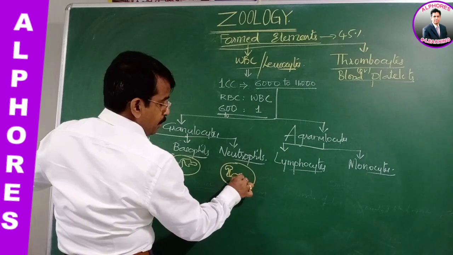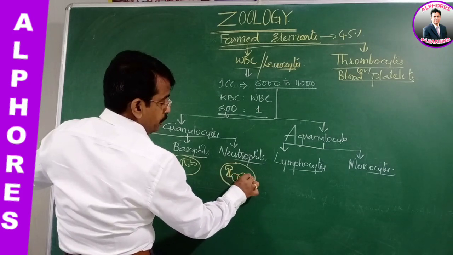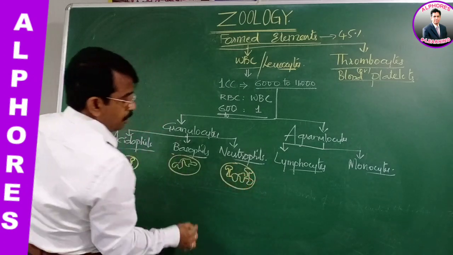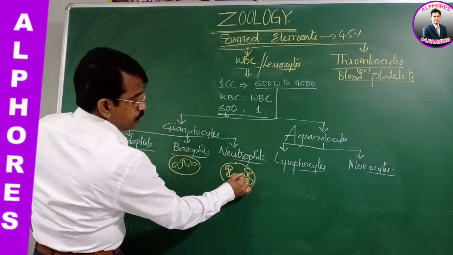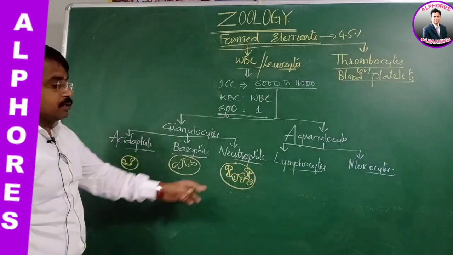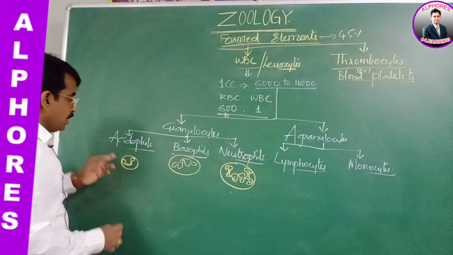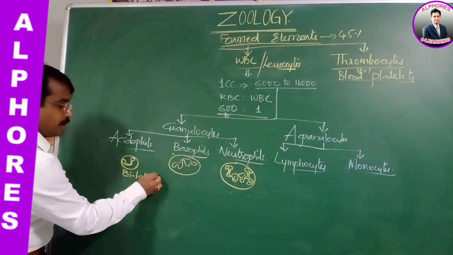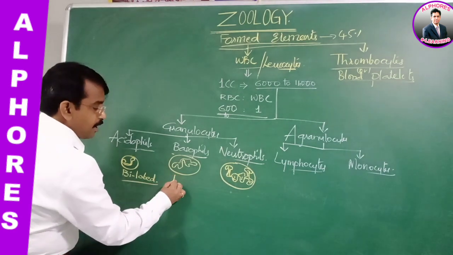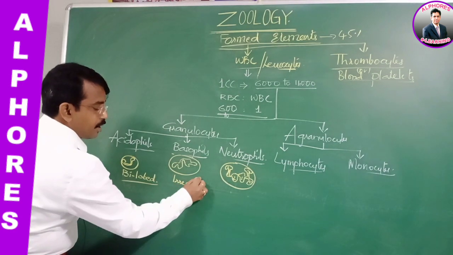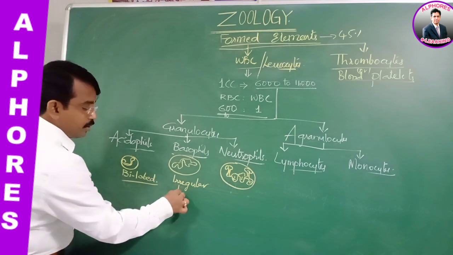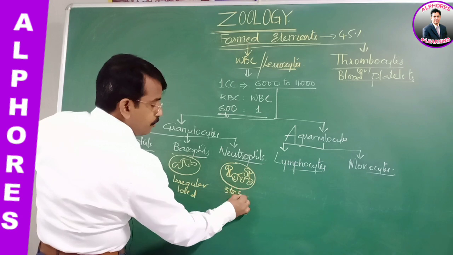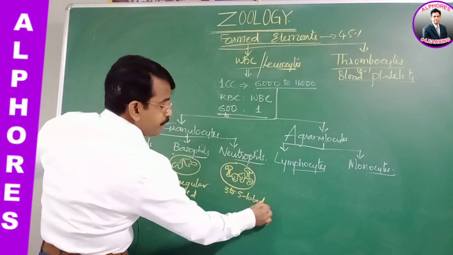Look at here the diagram where you can see the 3 to 5 lobes: 1, 2, 3, 4 and 5. Whereas acidophils have a bilobed nucleus, here an irregular lobed nucleus, and this is the 3 to 5 lobed nucleus.